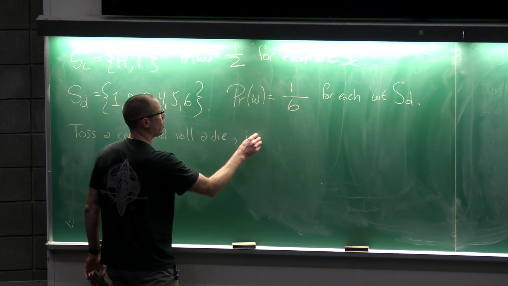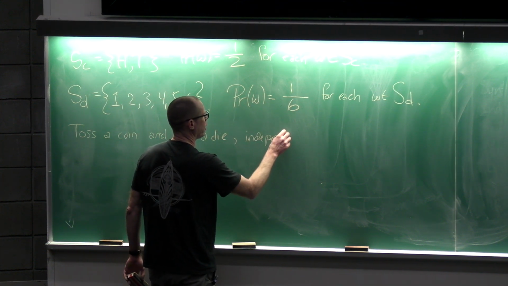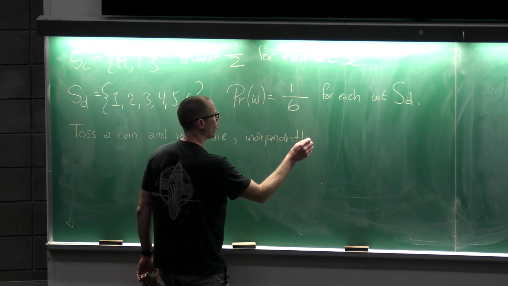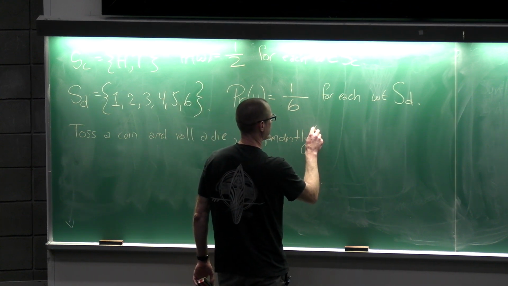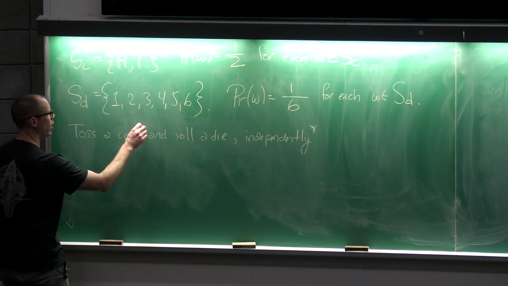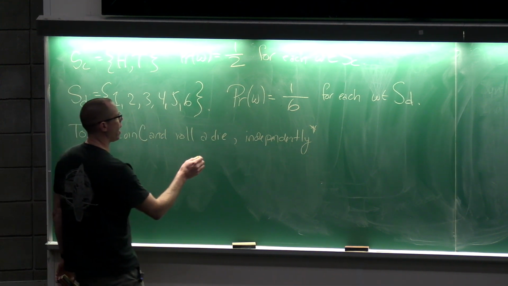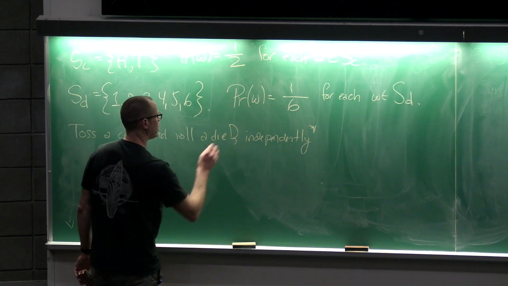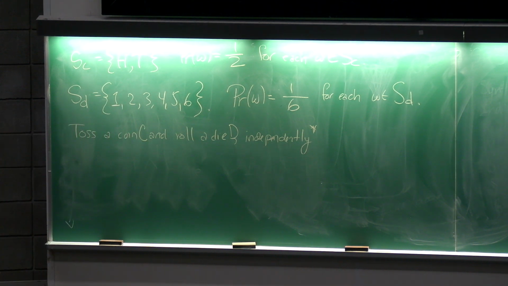And they might throw in this word independently, whatever that means. Okay. And let's give a name. The coin can be called C. The die can be called D.